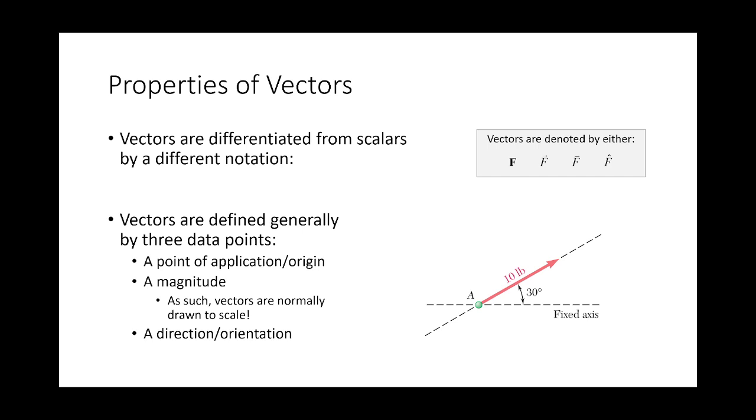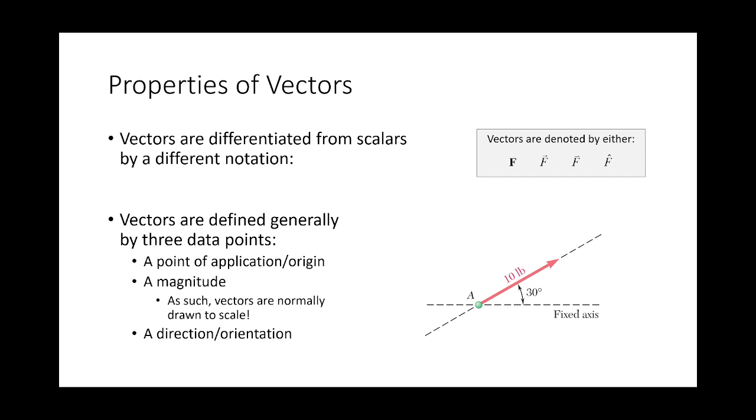So obviously there's the magnitude and the direction, and we usually like to draw it with a point of application or an origin. When we first start dealing with vectors, we tend to draw them to scale because of some of the mathematical operations that go along with that. And that'll become clear today why the scale might matter.